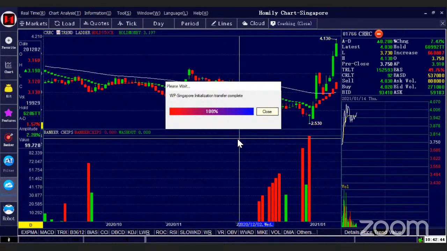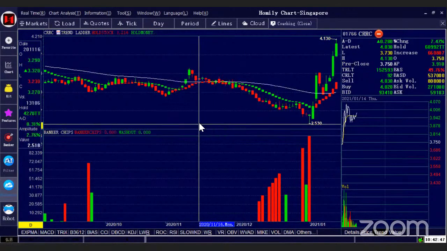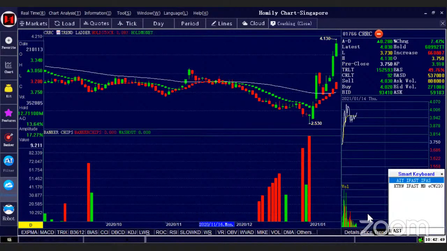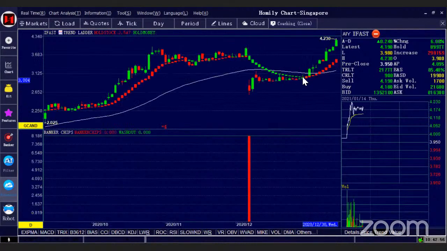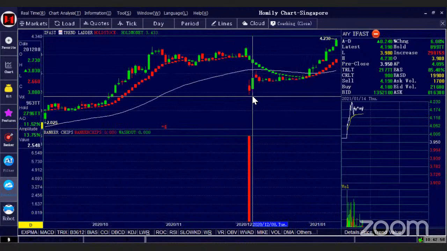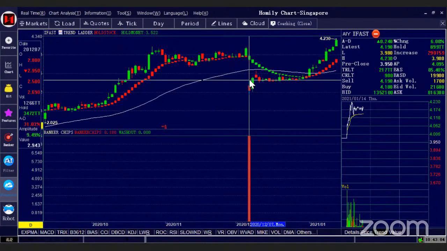Let me switch to the real time, to the Singapore market. Then if I check iFast, recently it has been very, very strong, right? But when did I buy? My buy point is before this big downward gap and the bad news that it failed to get the license, okay?